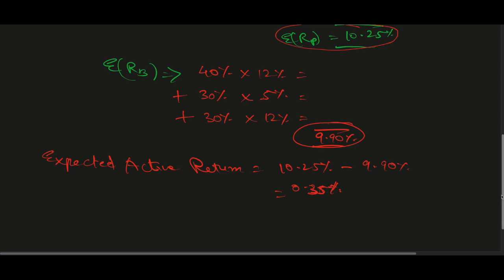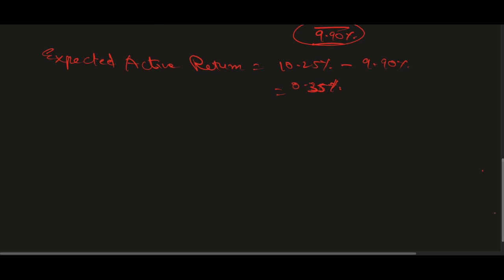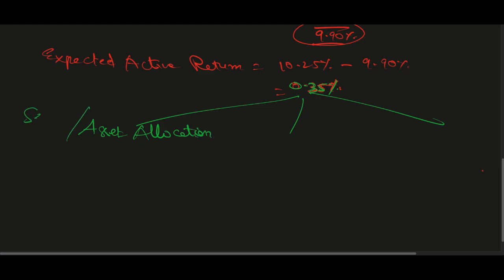However, suppose if I want to find out the performance attribution, okay, so performance attribution as in out of this expected active return, what is being contributed by the asset allocation. Let's say, asset allocation, or also called sector allocation.